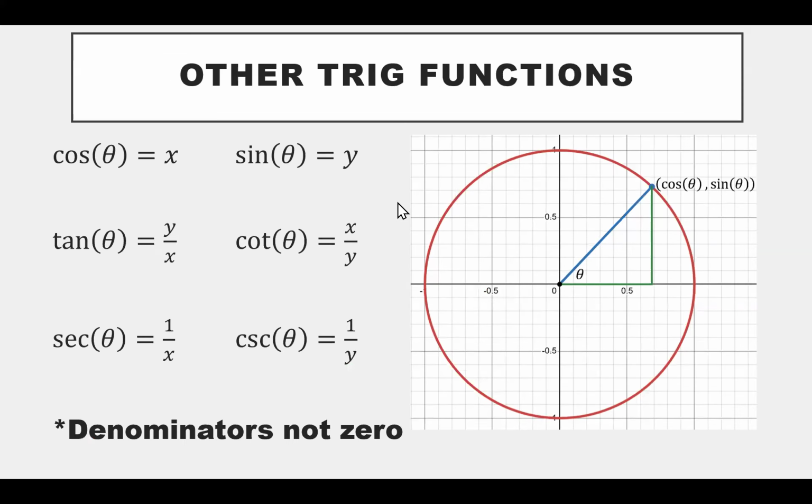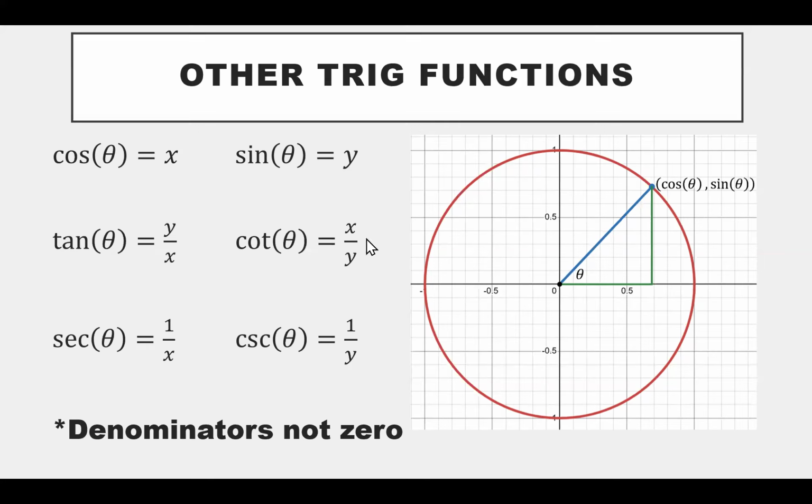Well, our other common trig functions that we use are tangent, cotangent, secant, and cosecant. We can take the ordered pair x comma y and define tangent of theta, cotangent of theta, secant of theta, and cosecant of theta in the following ways. Tangent of theta is equal to the y value of that point divided by the x value of that point.